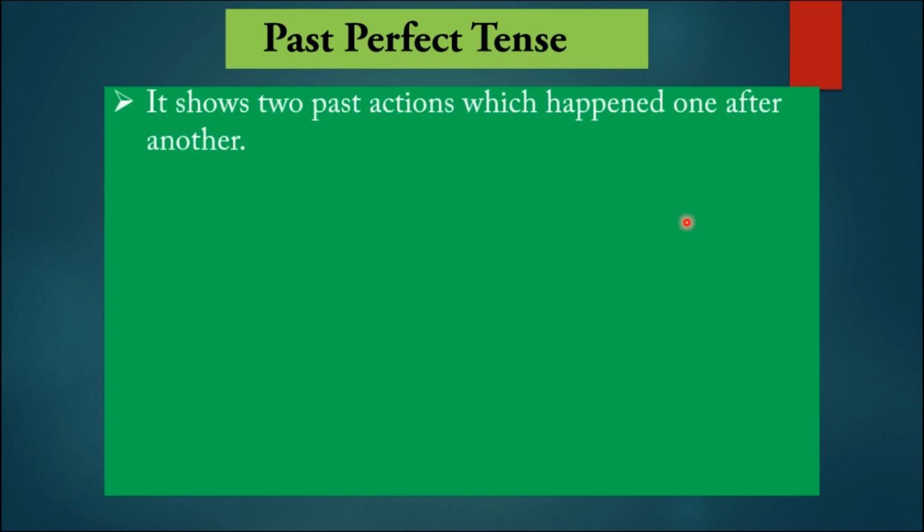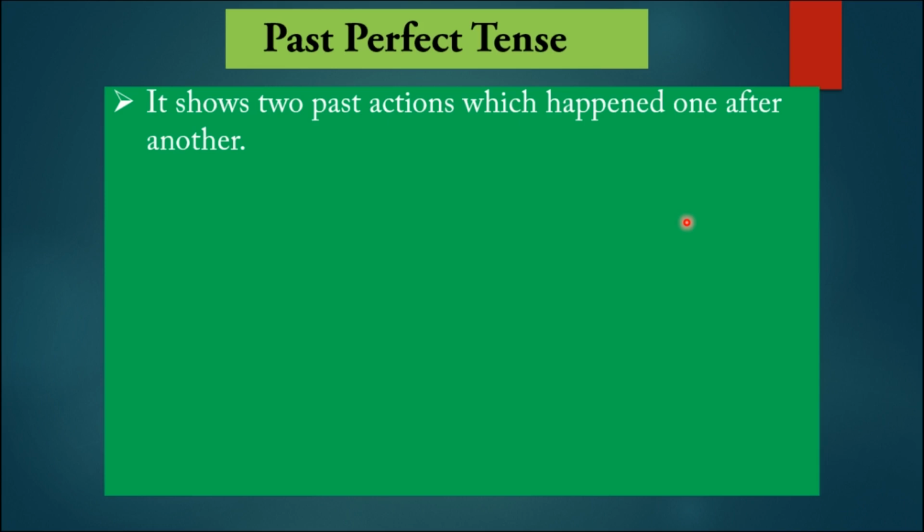It shows past actions which happen one after another. It shows two past actions. Till now, simple past, simple present, and past continuous, all the tenses we read expressed a single past action.